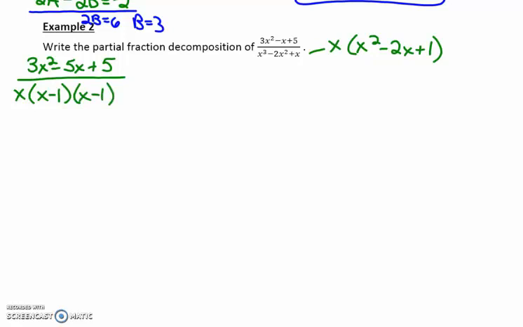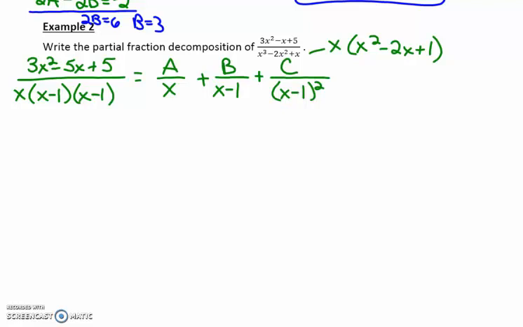So now we are going to write out A over the first one, which is x, plus B over x minus 1 plus C. And now here is where it's a little bit different. It's not going to be x minus 1. It's going to be x minus 1 quantity squared.